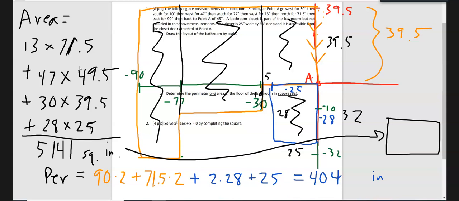Actually, you divide by 12 twice, because you have to divide by 12 for the length and the width, or you're going to divide by 12 times 12. Now, 12 times 12 is 144. So I'm going to take 5141 and divide by 144. Does it make sense why I'm dividing by 144? Yes, because it's inches squared and not inches. So I'm getting 35.7 square feet.